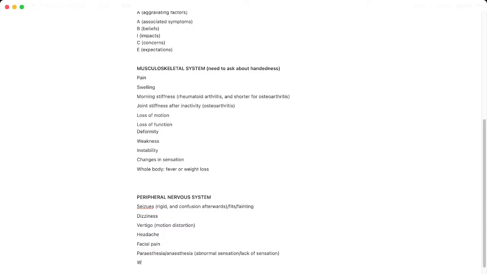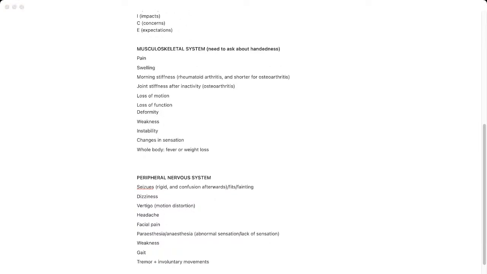Weakness, gait, tremor plus involuntary movements. So the other senses, movement we tested, where, I don't know. Oh, touch, isn't touch one? Visual, so sight, hearing, smell.